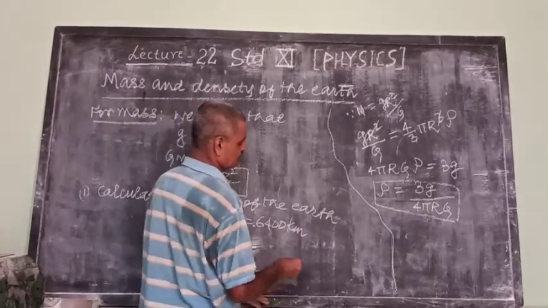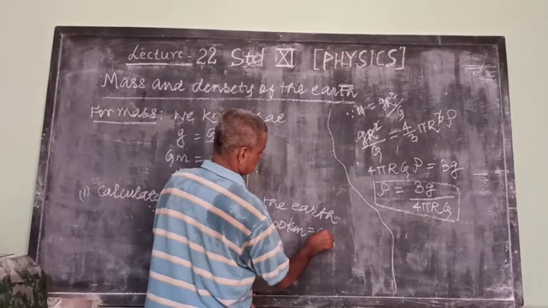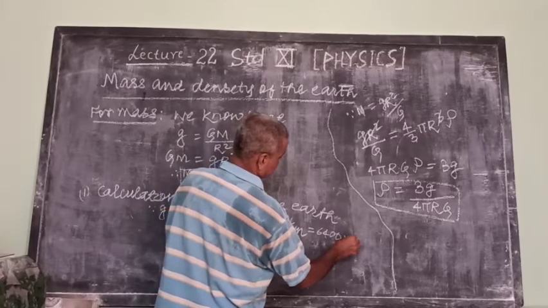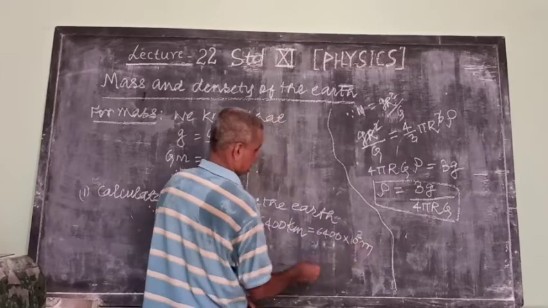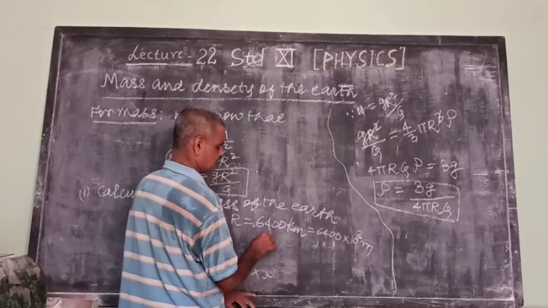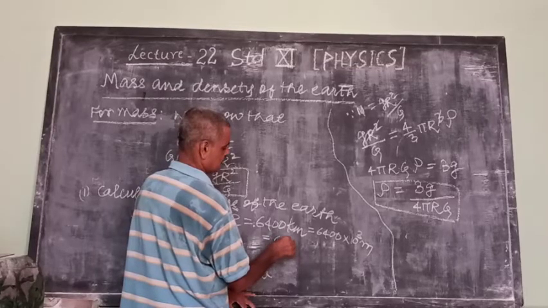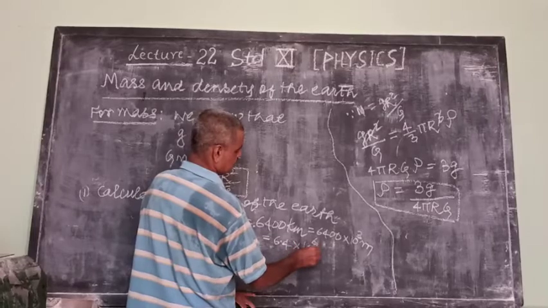You can convert into meter. 6400 into 10 to the power 3 meter, and hence it can be written as 6.4 into 10 to the power 6 meter.